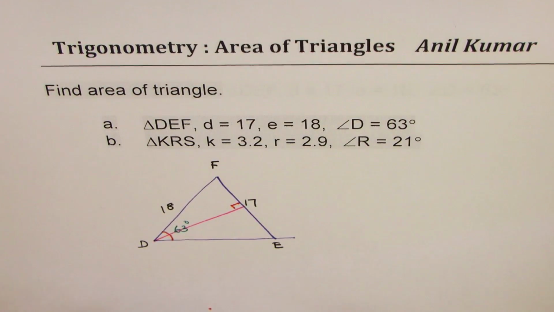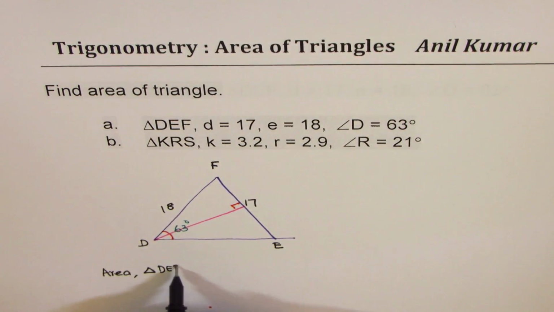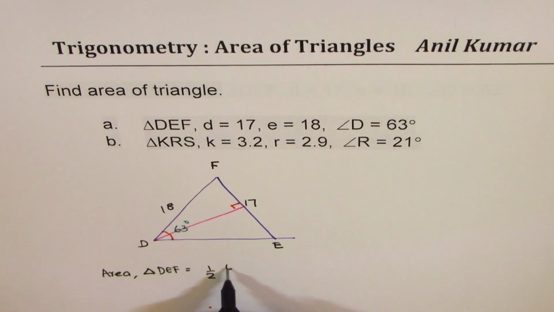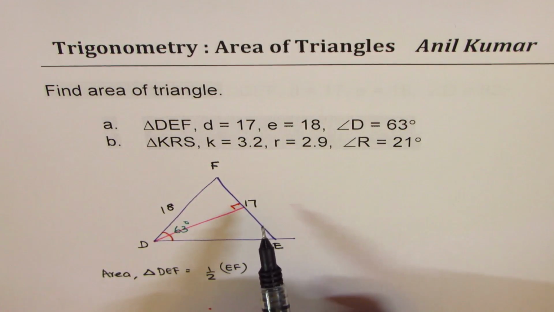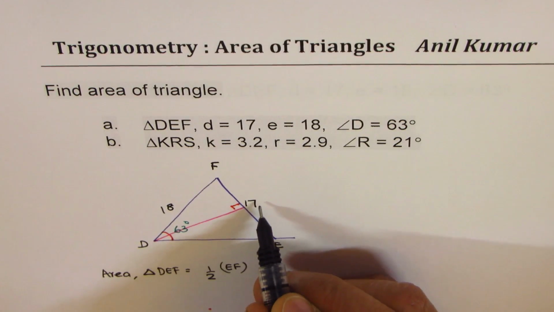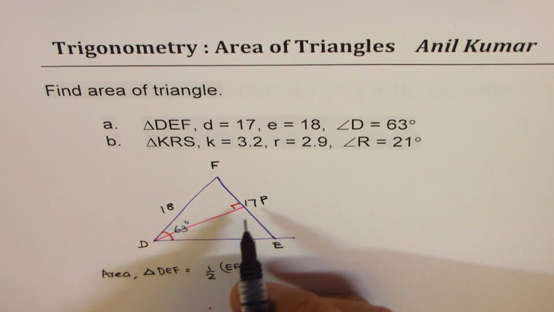And area of triangle DEF will be half base, which is EF, times height, which is, let me call this point as P, as dP.